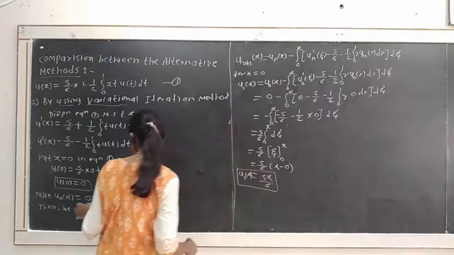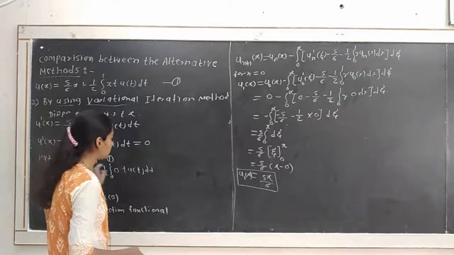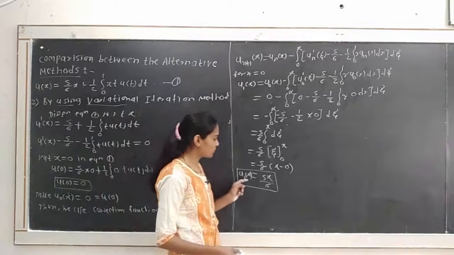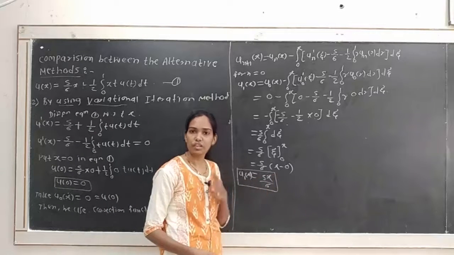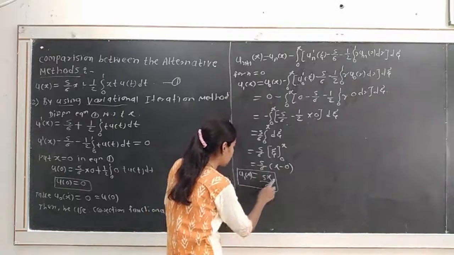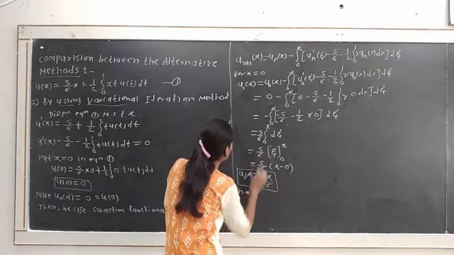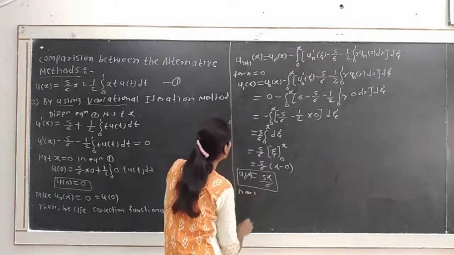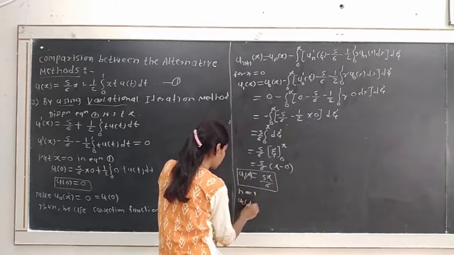And here, by using variational iteration method, we consider the zeroth component to be 0, so the first component will be the same as the zeroth component of the Adomian decomposition method. So u1 of x is 5x divided by 6. Then for n is equal to 1 we get the value of u2 of x.